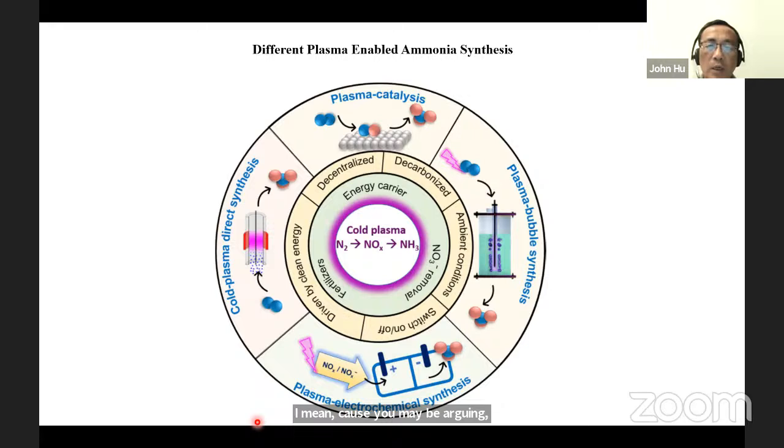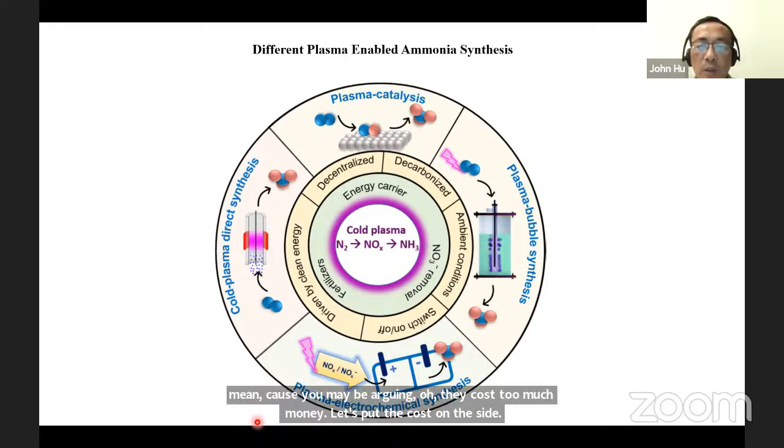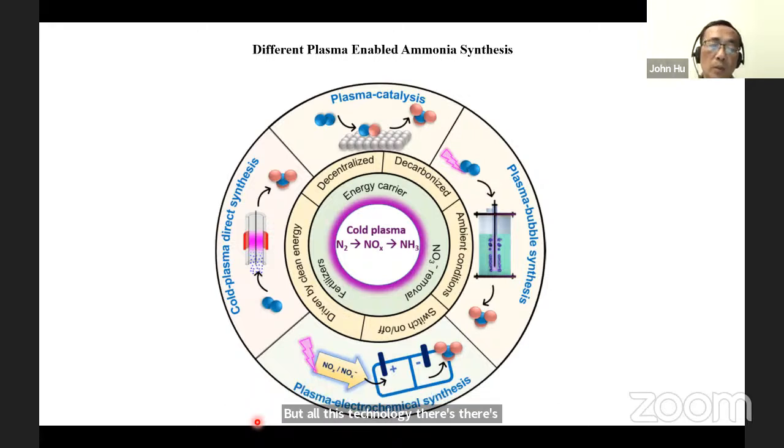All this technology has no carbon involved. You produce ammonia, and ammonia is an energy carrier, so you can use it for many other applications. Are we clear on this diagram before I go into detail on each scenario? Any questions?